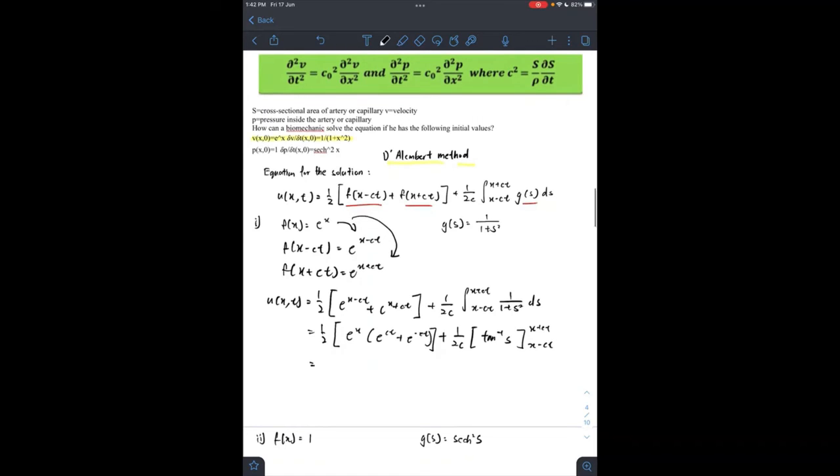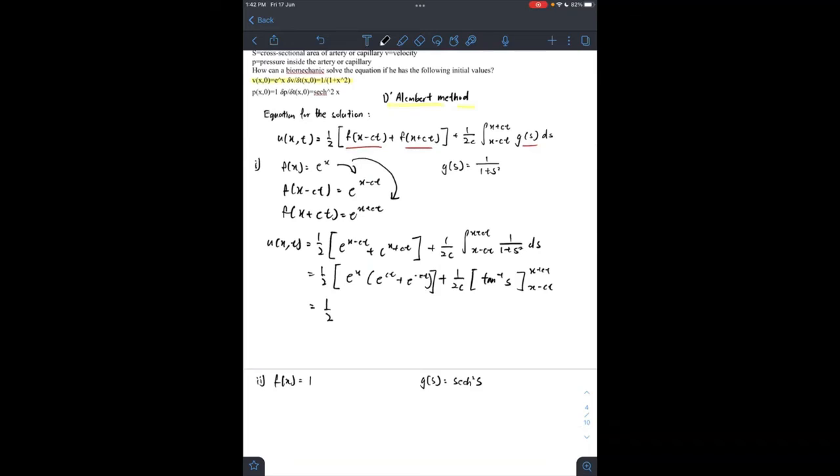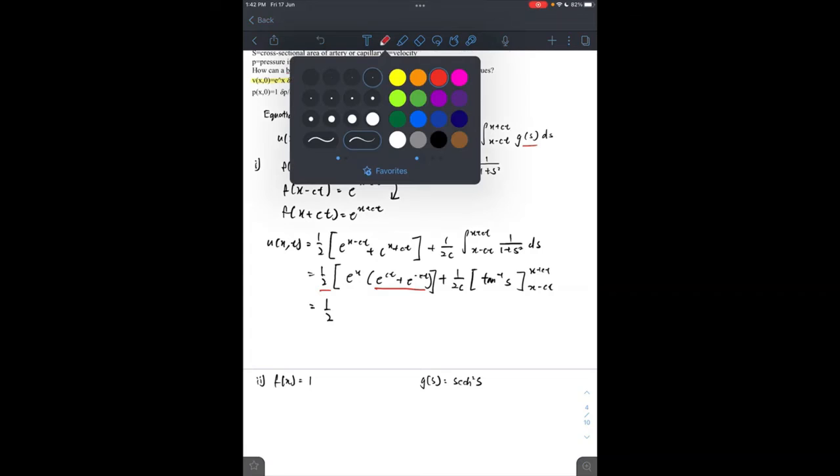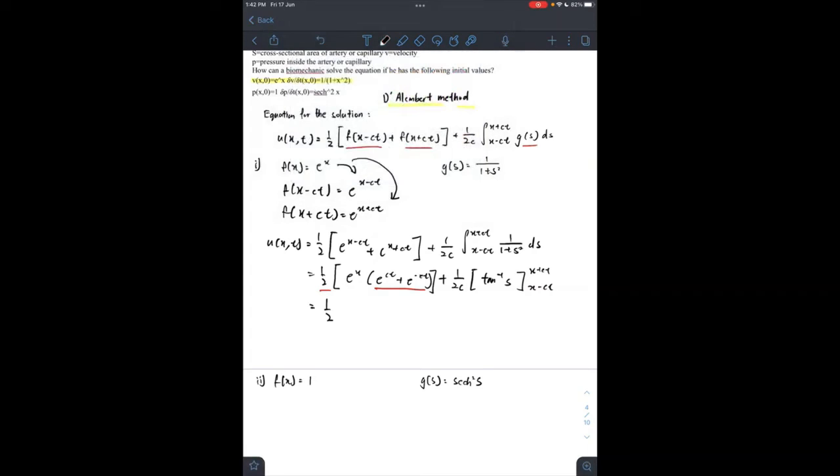For this part, we know that this can be simplified into what we call the hyperbolic function cosh ct. And then we continue to substitute the values from the tangents, and we will get this. So this is all for part 1.